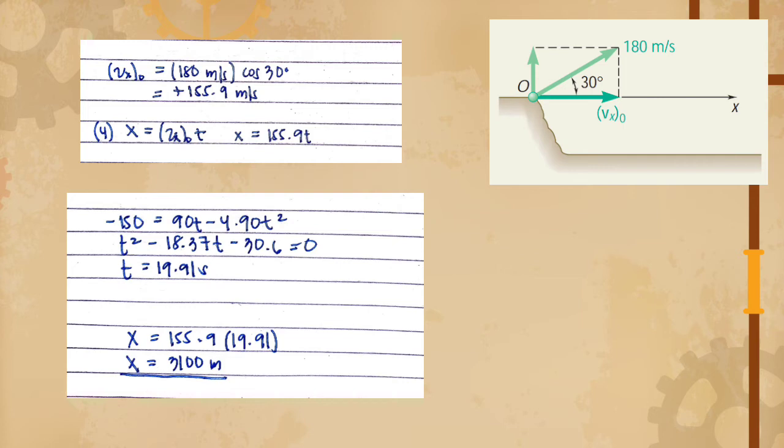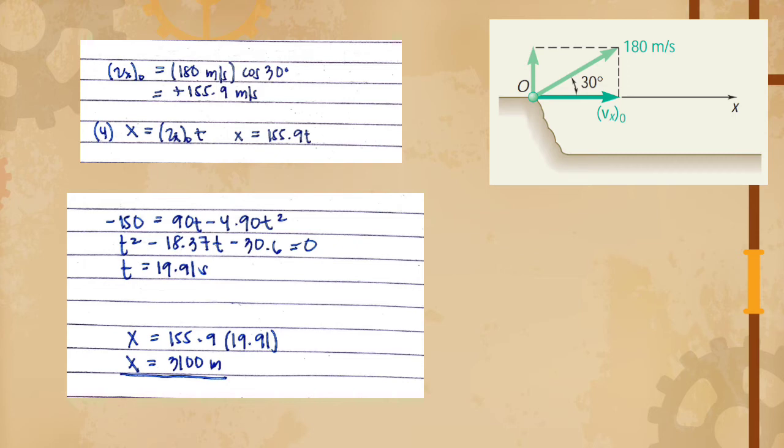Then, substituting the value of t into equation 4 for the horizontal motion, we obtain the value of x. x is equal to 155.9 times 19.91, and our x is 3,100 meters.